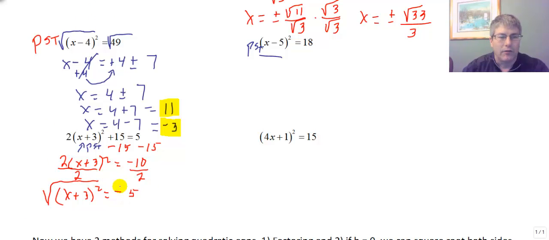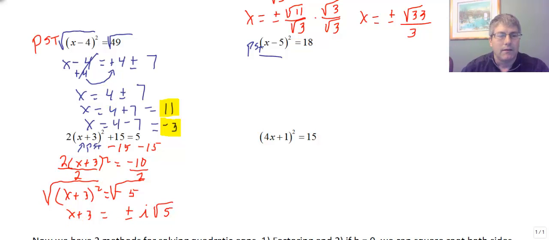And I'll take the square root of both sides. And that leaves us with x plus 3 equals the square root of negative 5. Well, we've already worked with imaginary numbers, so that is simply plus or minus, because I took the square root of both sides, i times the square root of 5.